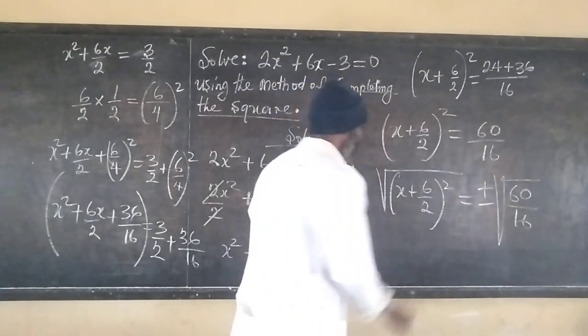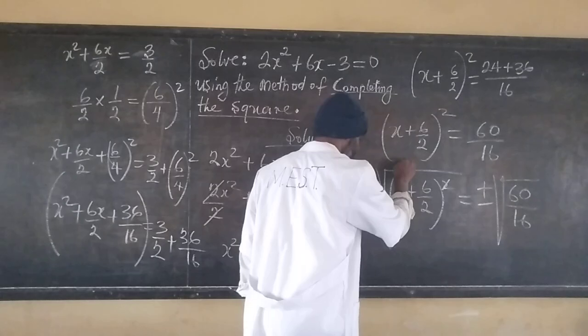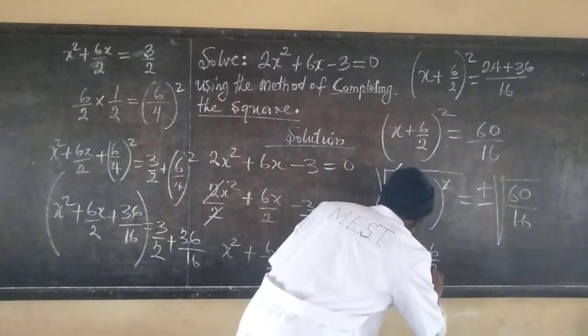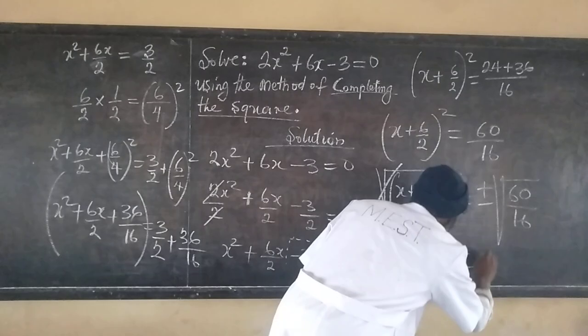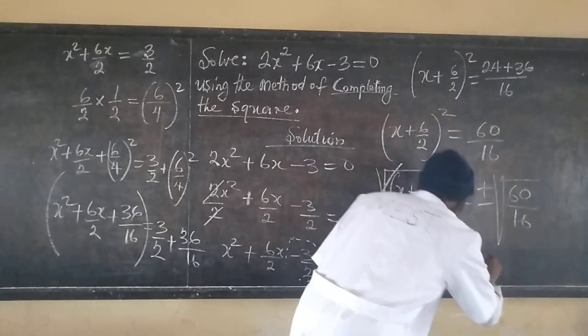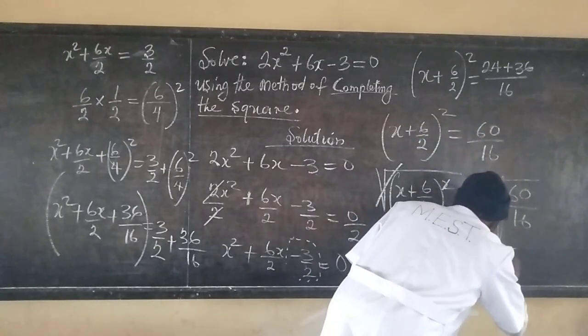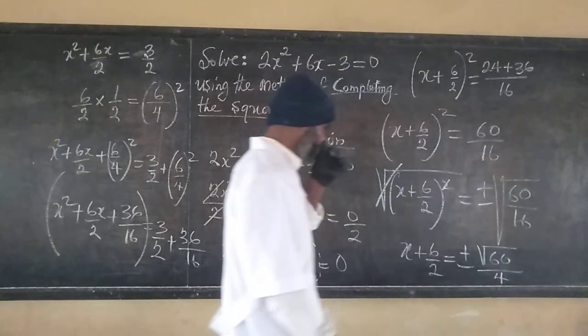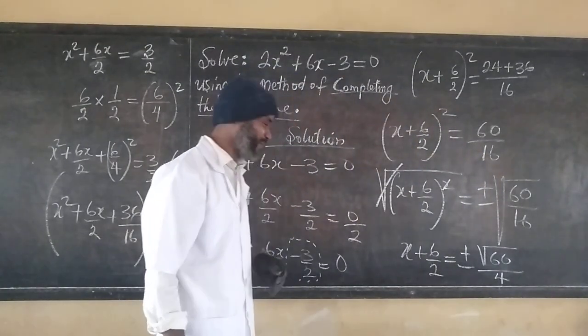The square takes care of the square root, and we're left with x plus 6 over 2 equals plus or minus. The square root of 60 cannot be found exactly, so we leave it that way. The square root of 16 is 4.